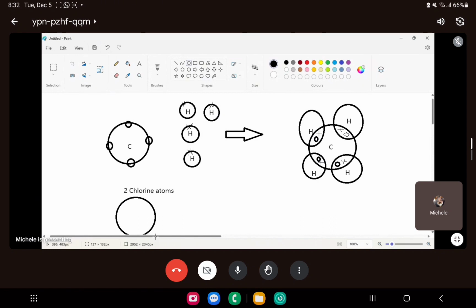Gold is a metal. And aluminum. Aluminum is non-metal? No, it's a metal. Oh yeah, it is a metal.